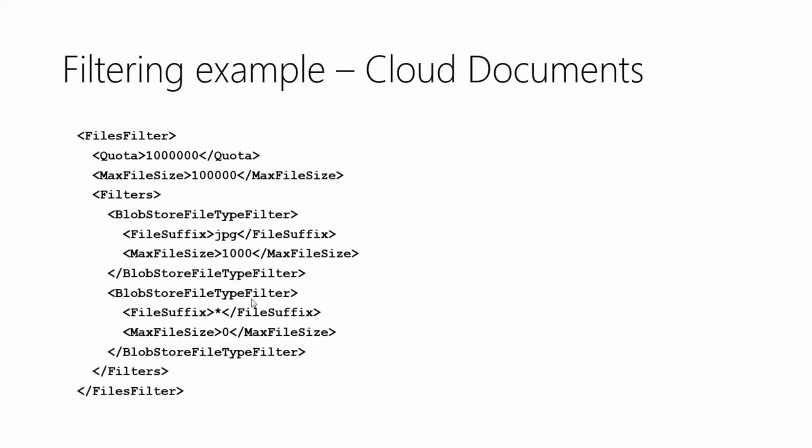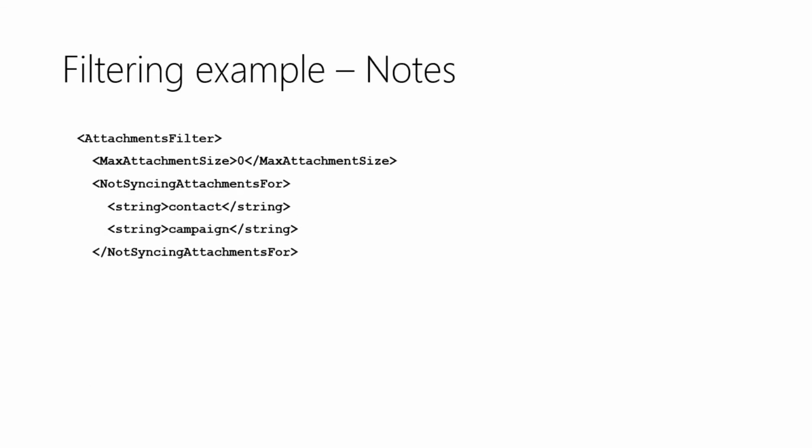If I opt for asterisk, all the remaining files, so I only download JPEGs and all the remaining files are not being downloaded at all. If I would use -1, that would mean that I do not limit it at all.